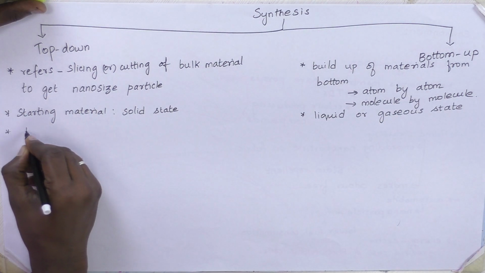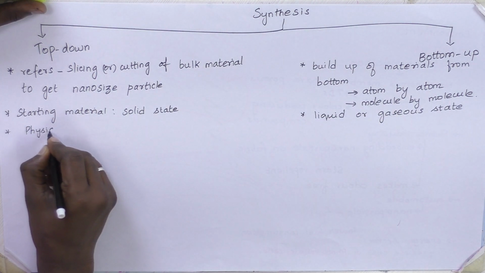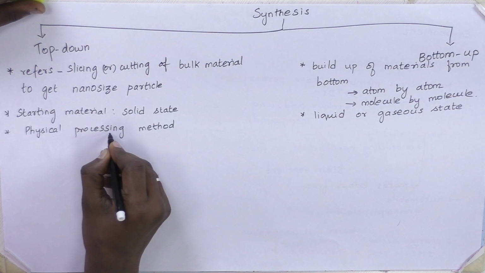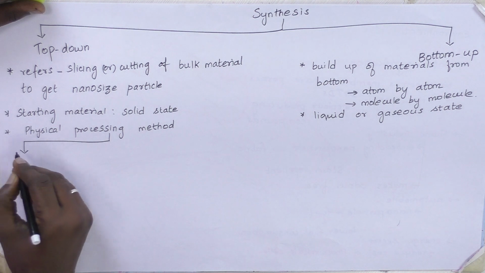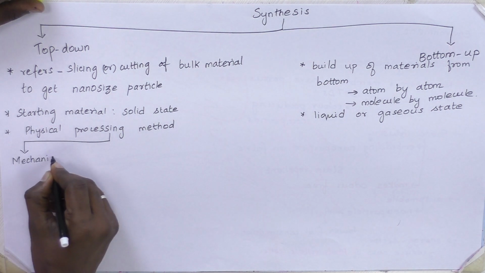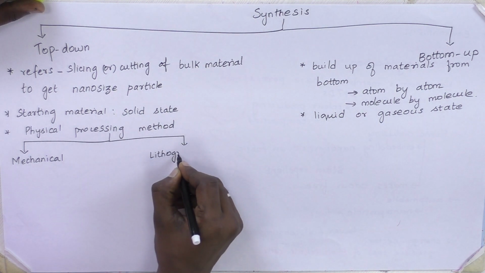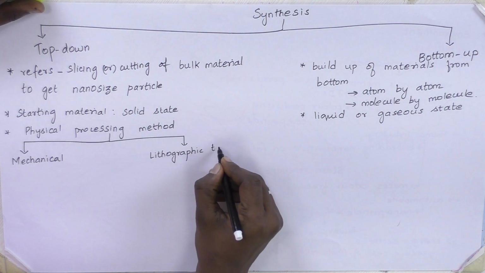The top-down approach can be carried out by physical processing methods that can be classified into two types. They are the mechanical method and the lithographic technique.